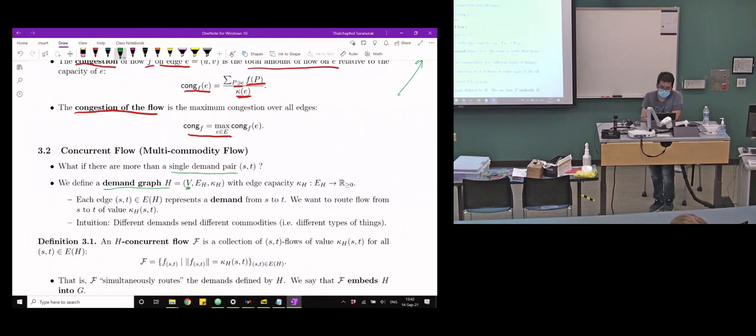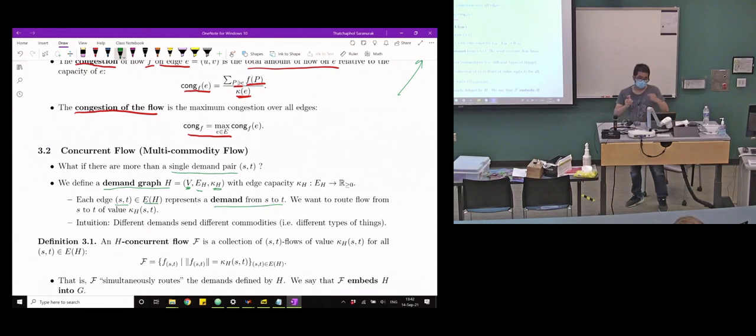Let's say that it has the same vertex set as G, but a totally different edge set and different capacity. And we really think of each edge in the demand graph as a demand pair. So an edge ST in the graph H basically represents the demand from S to T.